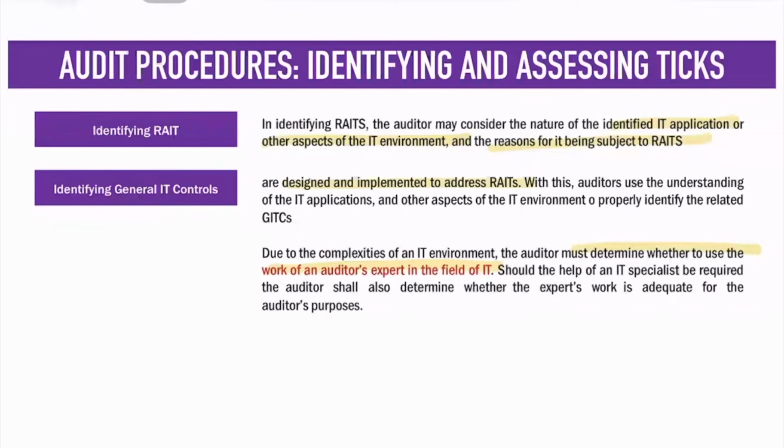That's the first requirement. Next, you must have an understanding of the field of expertise over the IT, and also agree with the expert relating to the nature and scope, the roles and responsibilities, the timing and extent of the procedures, so that we can rely particularly on the test on your general IT controls.